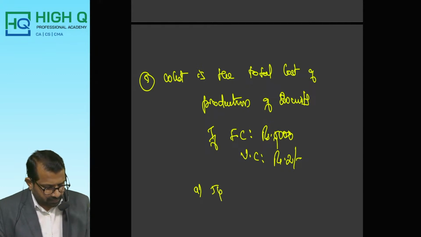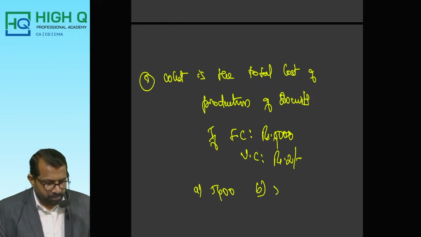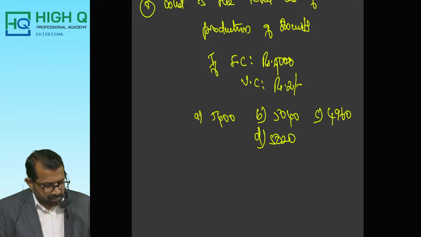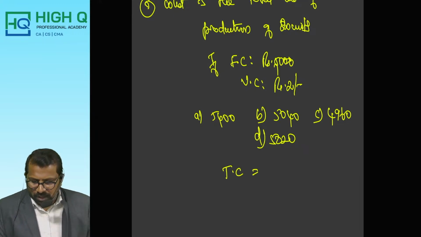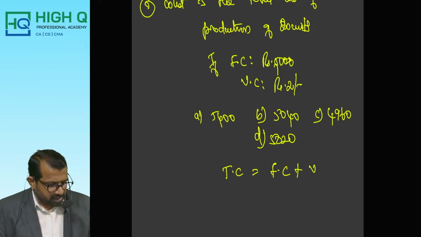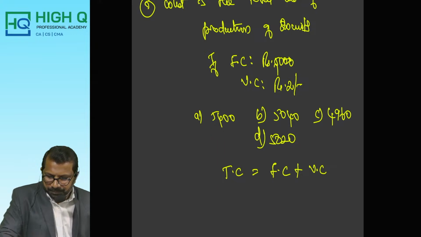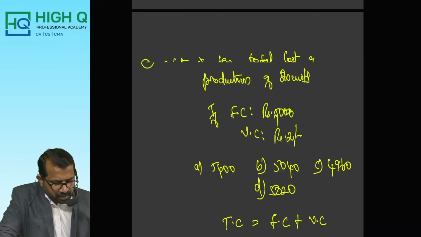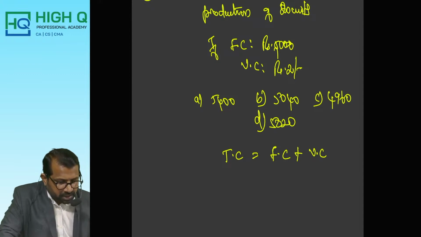A 5,400, B 5,040, C 4,960, D 5,020. Total cost equals the formula: fixed cost plus variable cost. Here we need to find only the total cost.